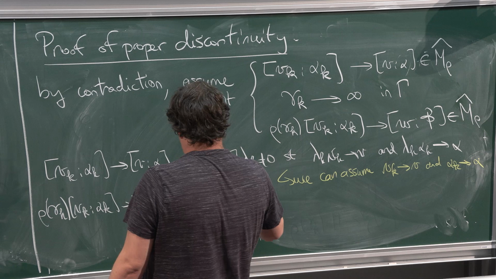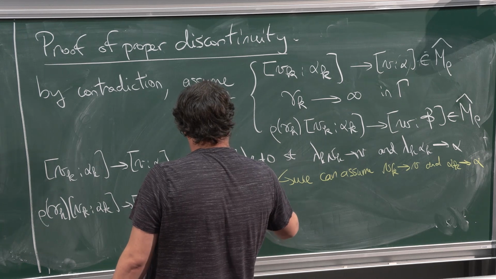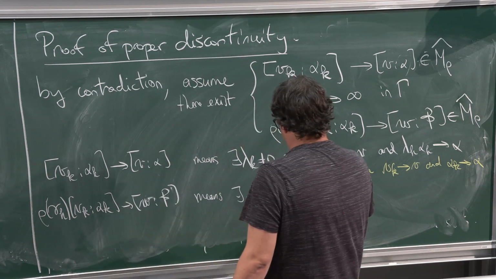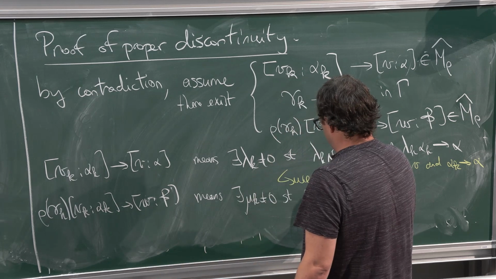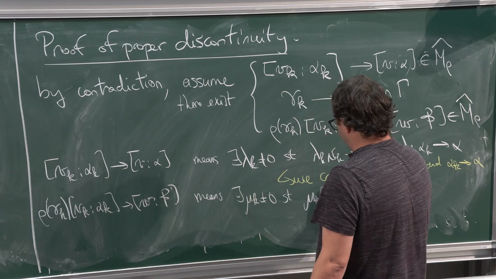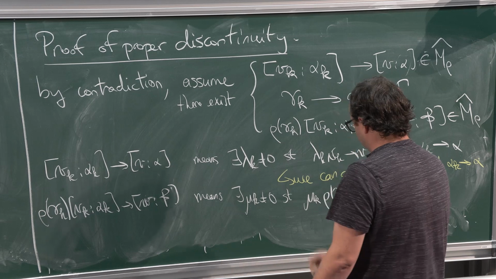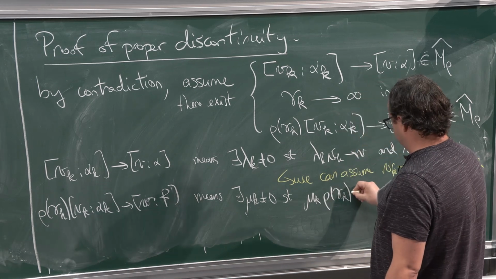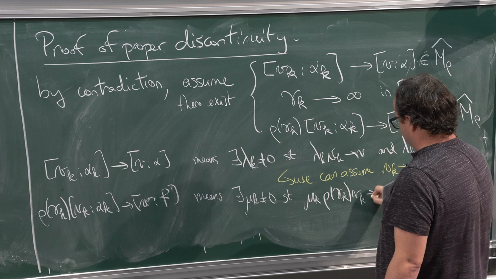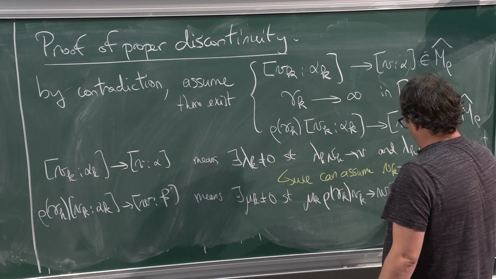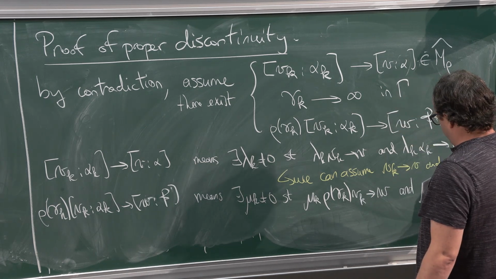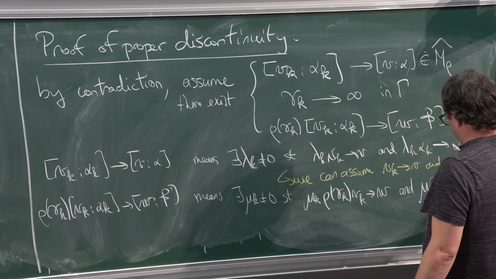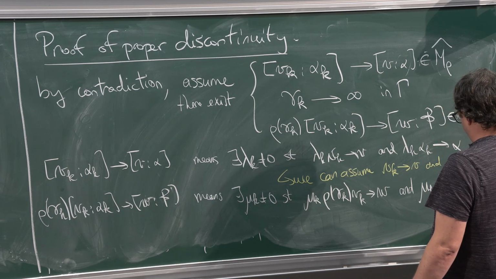This means there exists some other sequence, say mu_k, such that mu_k rho of gamma_k times v_k converges to w, and mu_k rho of gamma_k acting on alpha_k converges to beta.